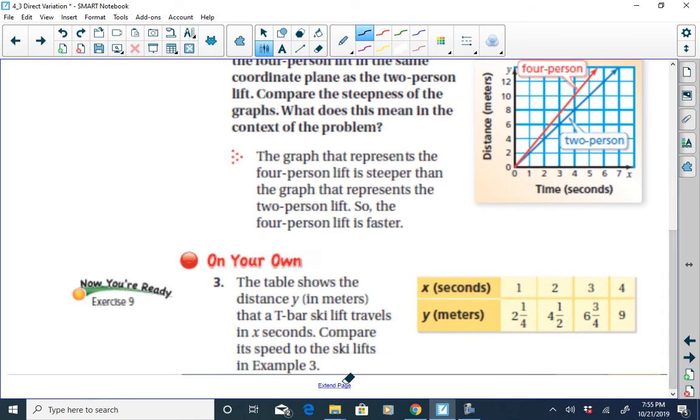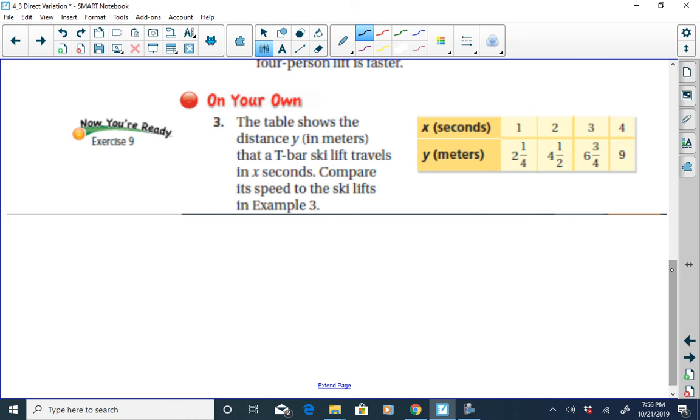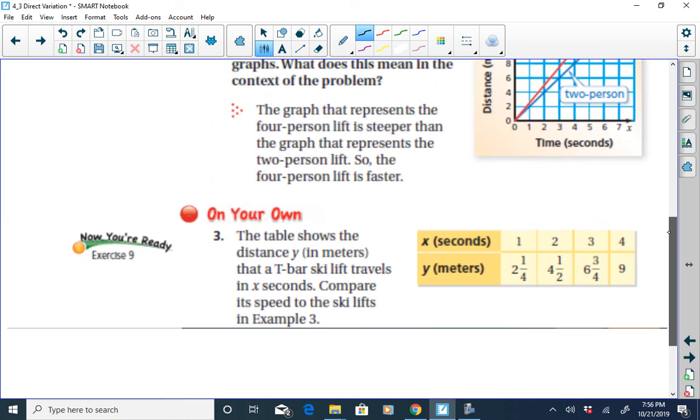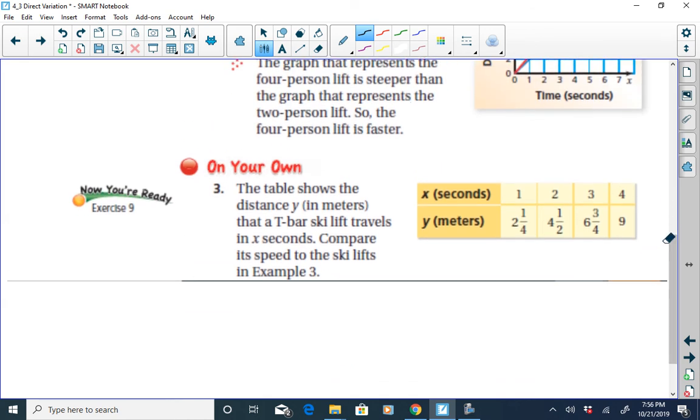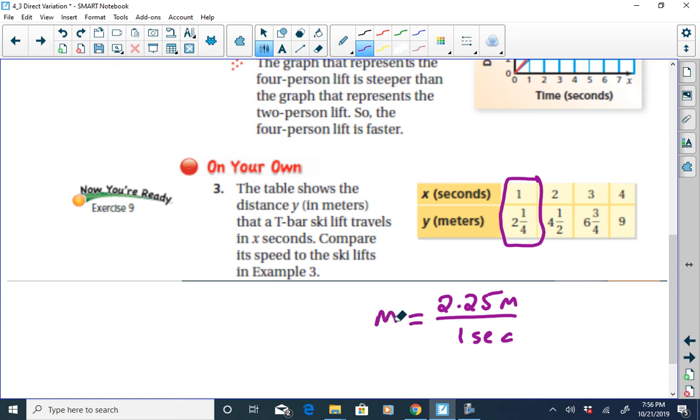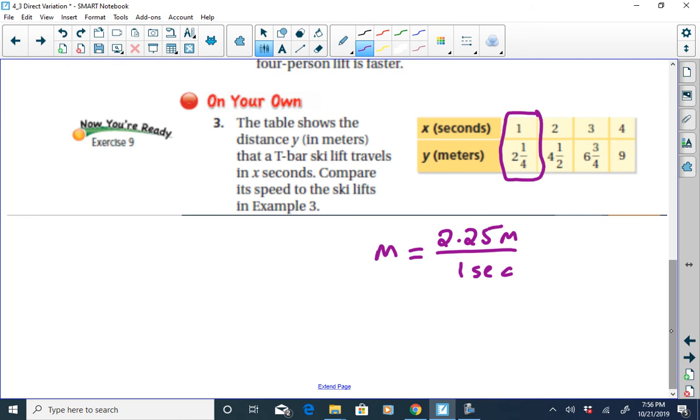All right. Well, let's compare this information with the other 2 pieces of information that we have. If we look here, I see this ordered pair, so that's going to be 2.25, or 2 1/4. So that's 2.25 meters every 1 second. That's going to be our constant of proportionality. Well, what does that mean in the context of this problem?